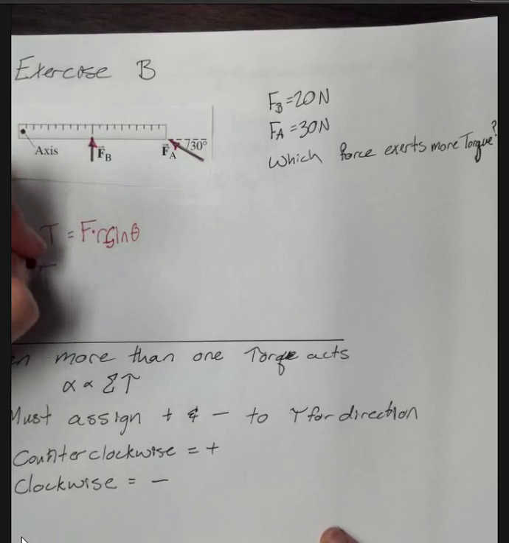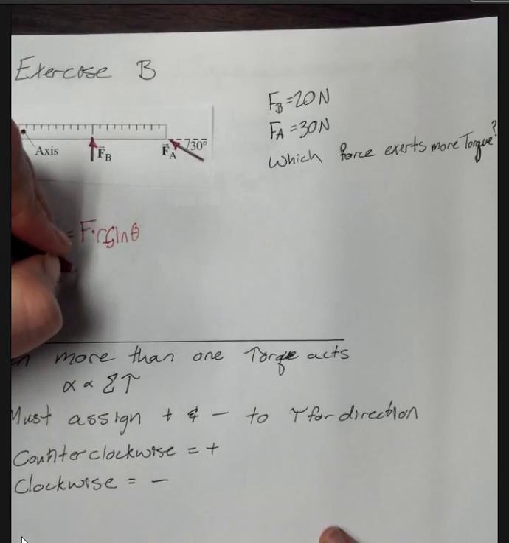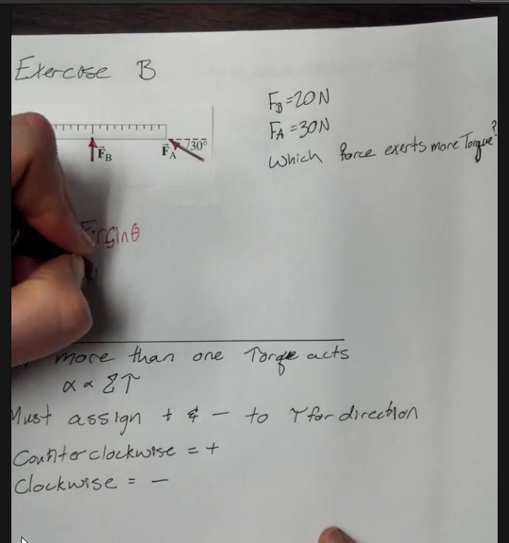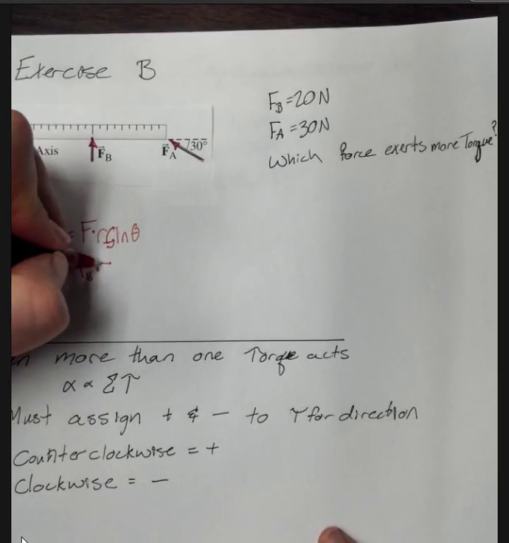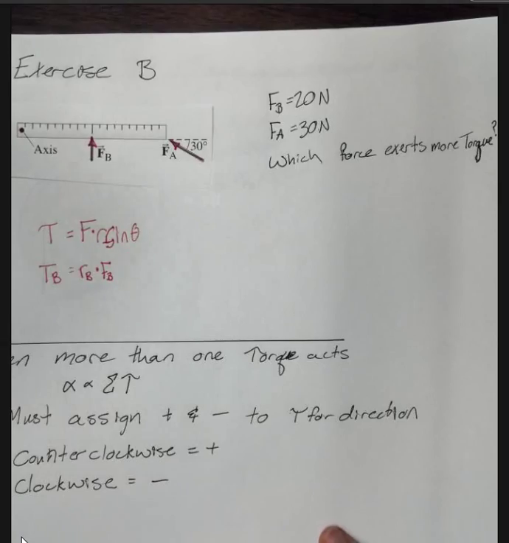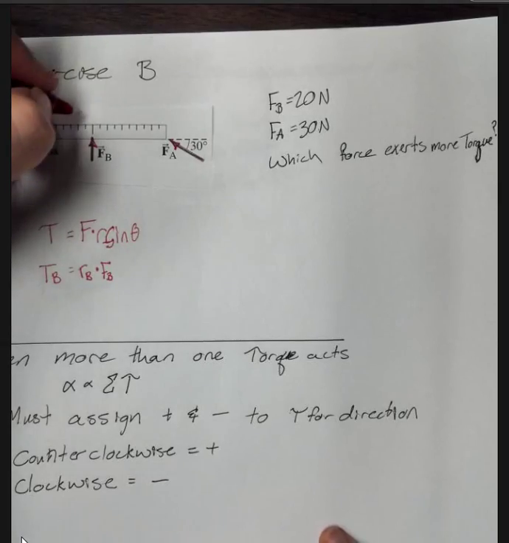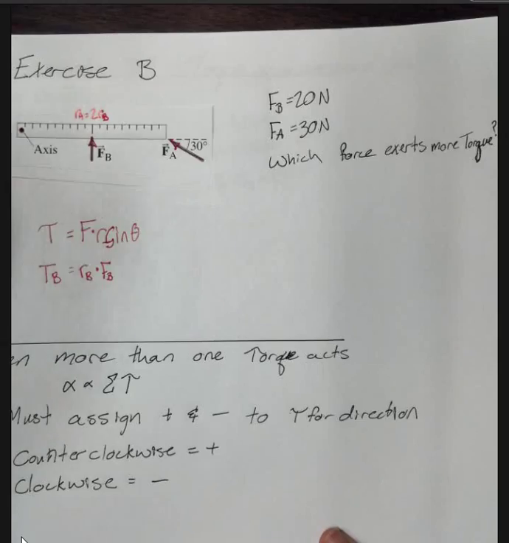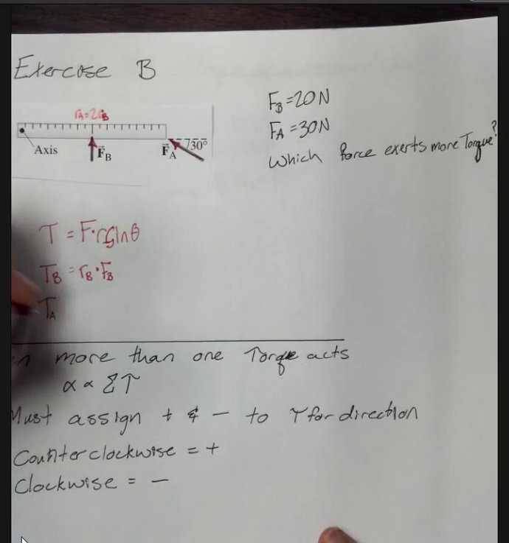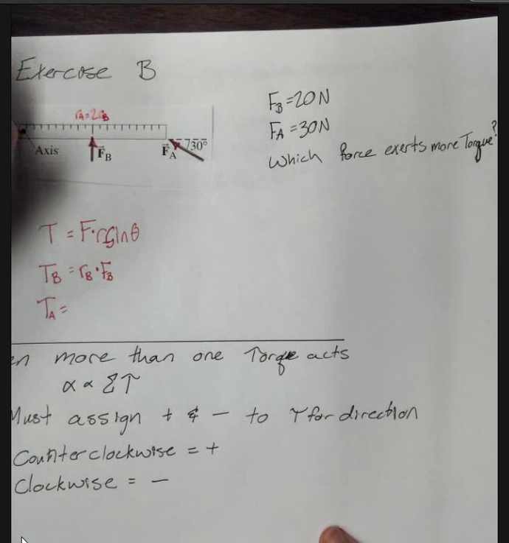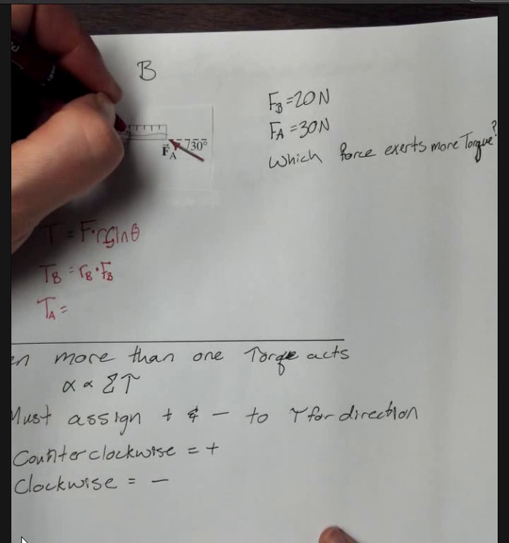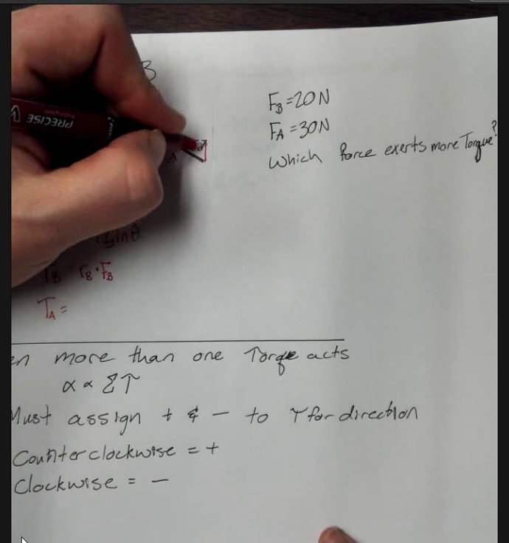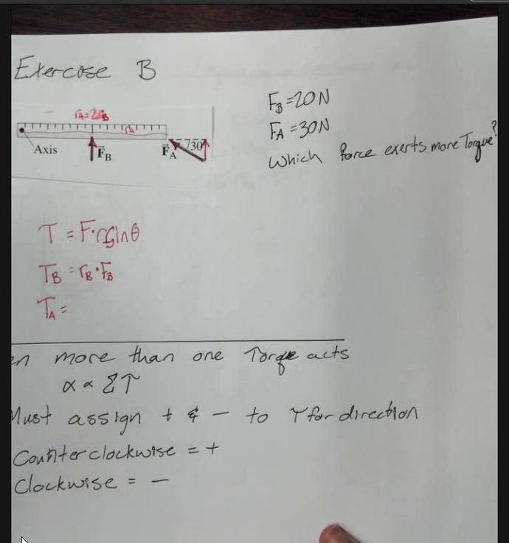So the torque given by force B is going to be RB times FB. And I also know if this is the midpoint that RA equals 2RB, because it's twice the distance all the way at the end. So the torque of A is going to be given by, now here's RA, and here is the vertical component or the effective component of RA, which is going to be given by sine 30.